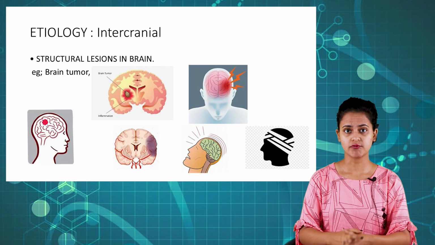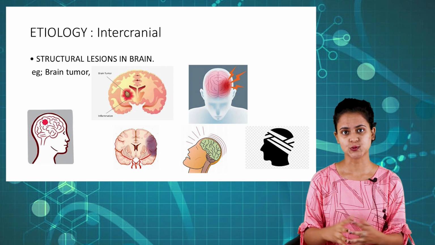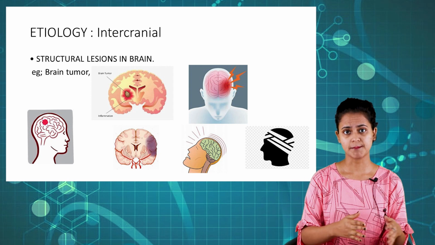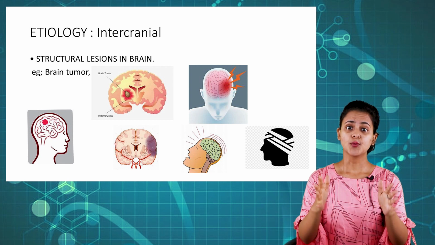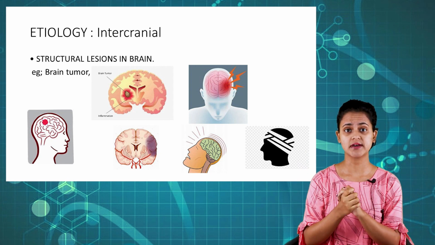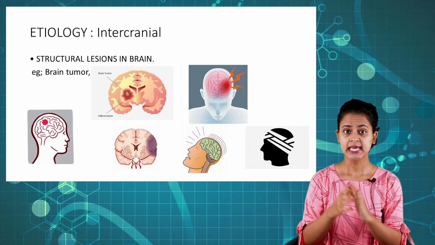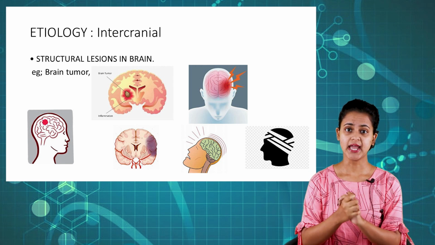So now we are going to read about the etiological factors which are often associated with the development of the condition of unconsciousness. The first and most common factor associated with the development of unconsciousness is intracranial injury, or we can say head injury.